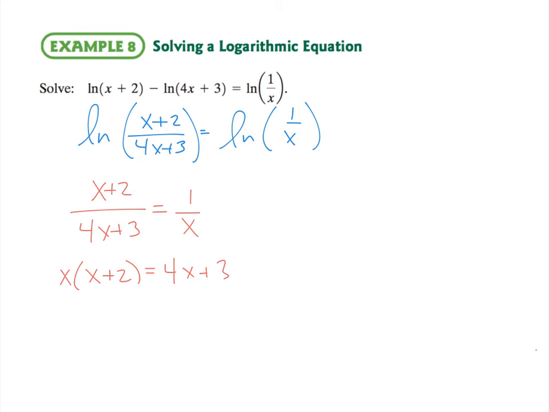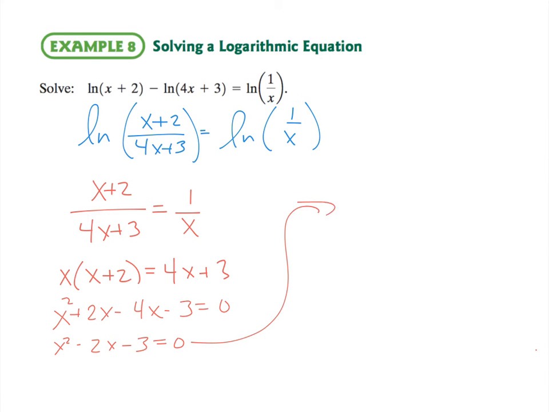And then using some algebraic simplification, I'm going to multiply this out and then move that to the other side all in one step. So I get x squared plus 2x minus 4x minus 3 is equal to 0. And then I get x squared minus 2x minus 3 is equal to 0.